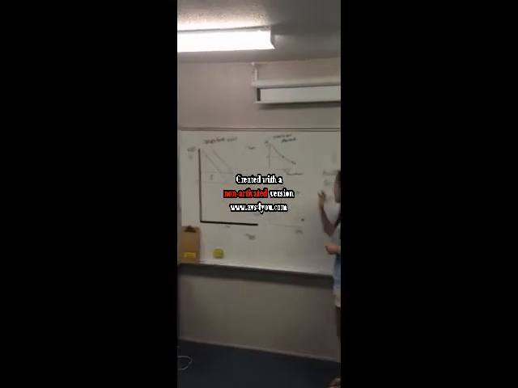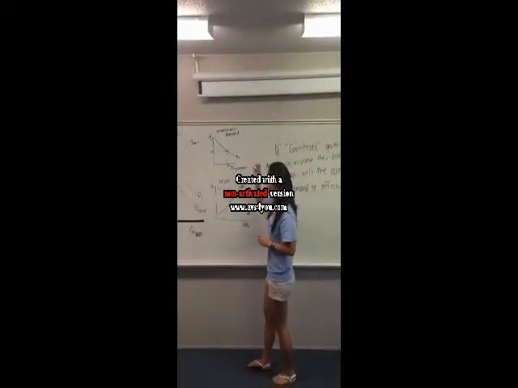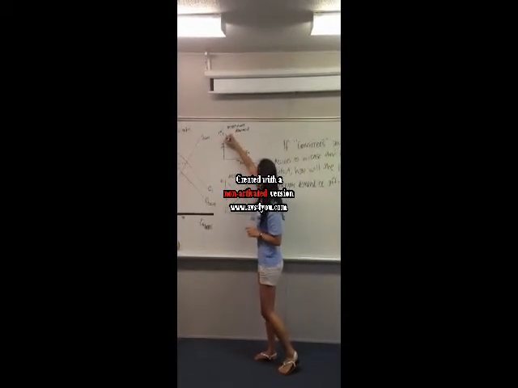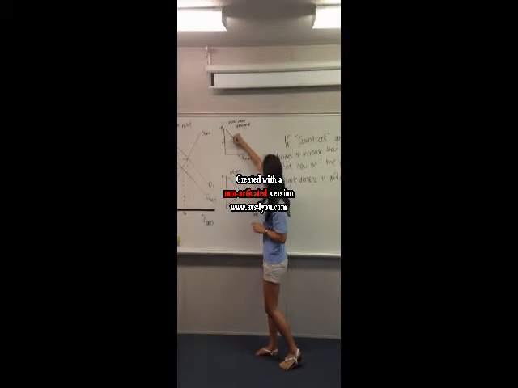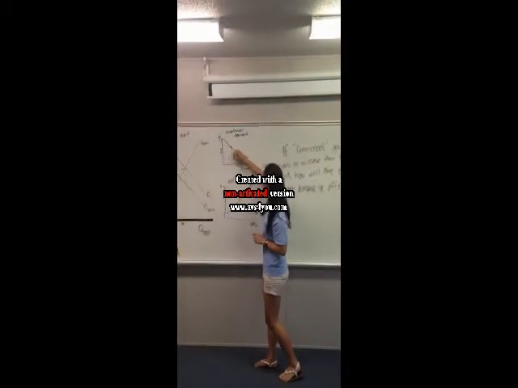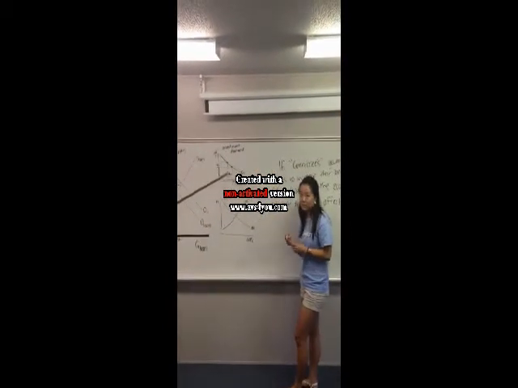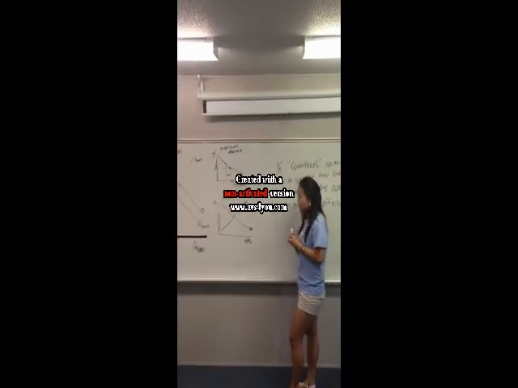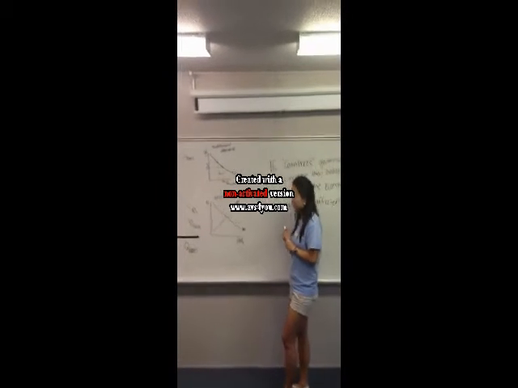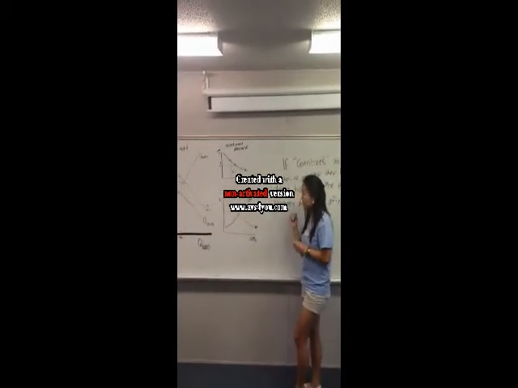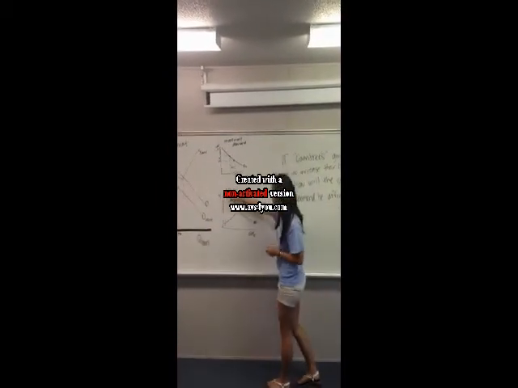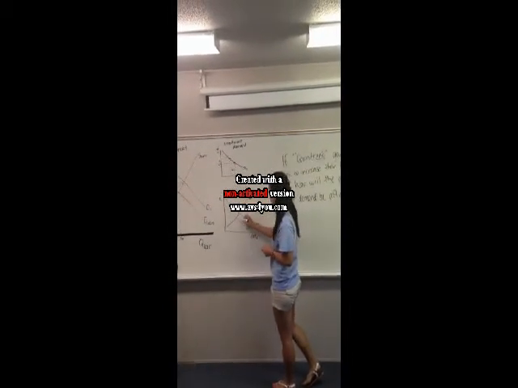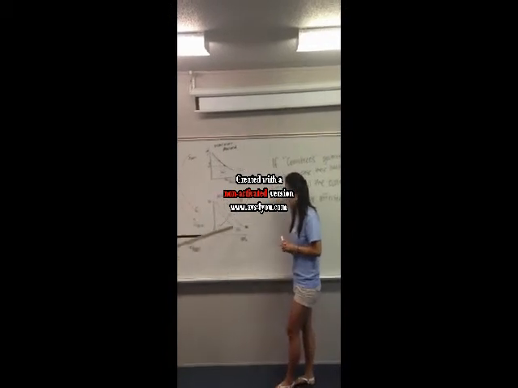Then when you go to the investment demand graph and increase the real interest rate, you move to a new point, and you can see that the quantity of investments decreases. Investment is a part of aggregate demand, and when investment decreases, so does aggregate demand. So your new aggregate demand falls.